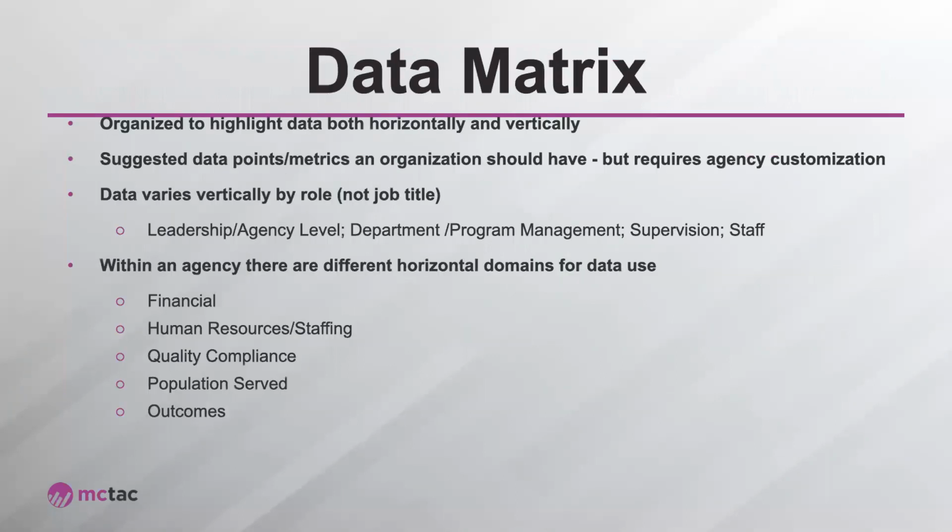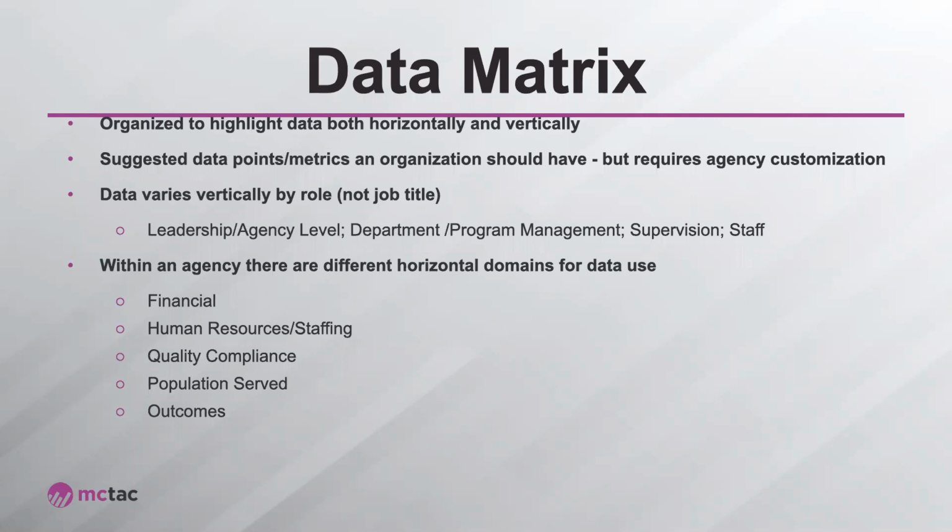So the data matrix is really an array of data that takes elements from across the agency. And what we've done is highlighted data both horizontally and vertically across the agency. By horizontally, what we mean is across different organizational domains, often silos within an agency.